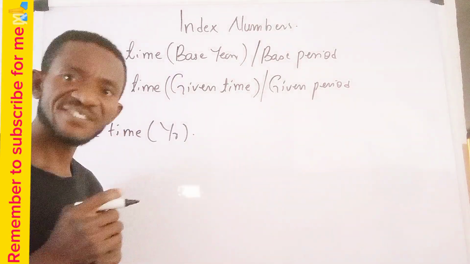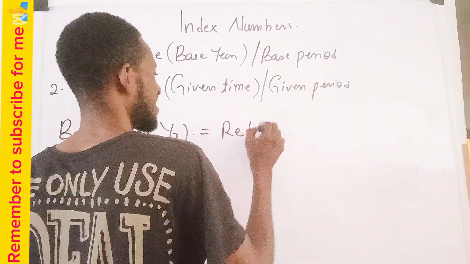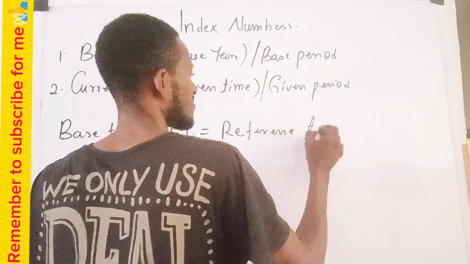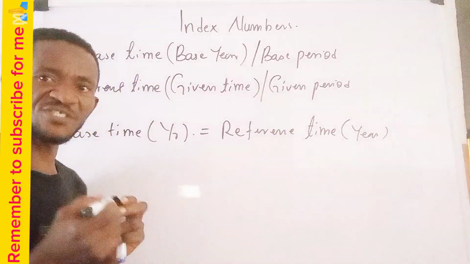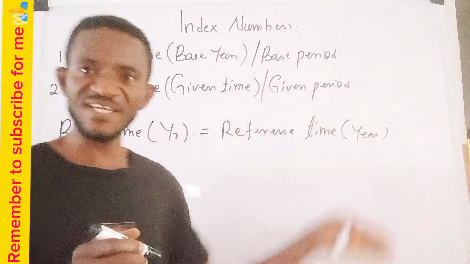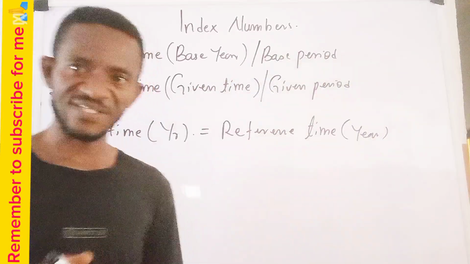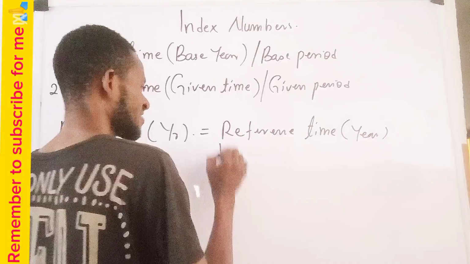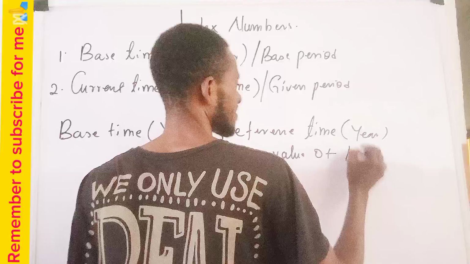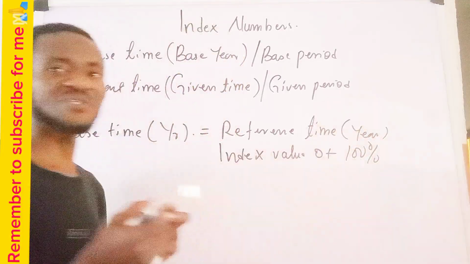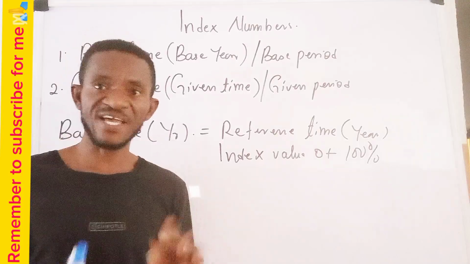In the calculation of an index number, it is always chosen to be the reference time or the reference year. And because it is chosen to be the reference time or the reference year, an index value of 100% is always assigned to it. An index value of 100% is often assigned to this reference year, which of course is always chosen to be the base year.